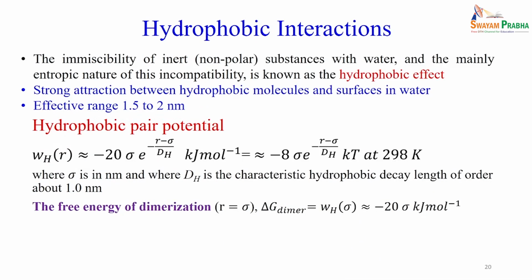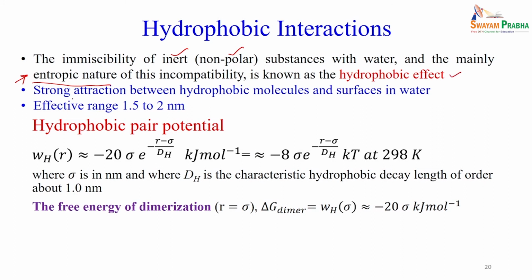Next we will see the hydrophobic interactions. If you have an interaction between water and nonpolar molecules, or you can say inert molecules, they are immiscible, and this interaction basically comes through the change in entropy, so this is entropic in nature. And as this interaction takes place involving nonpolar molecules, it is known as the hydrophobic effect.